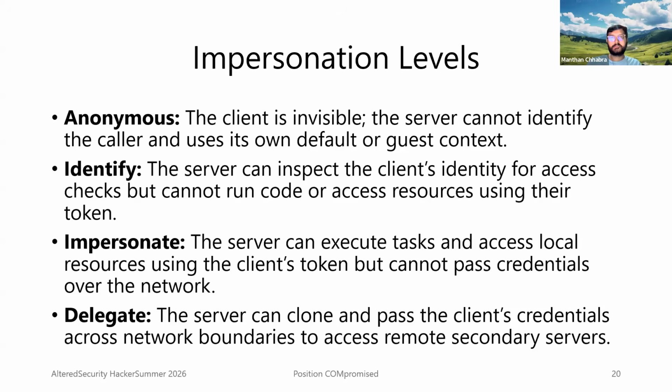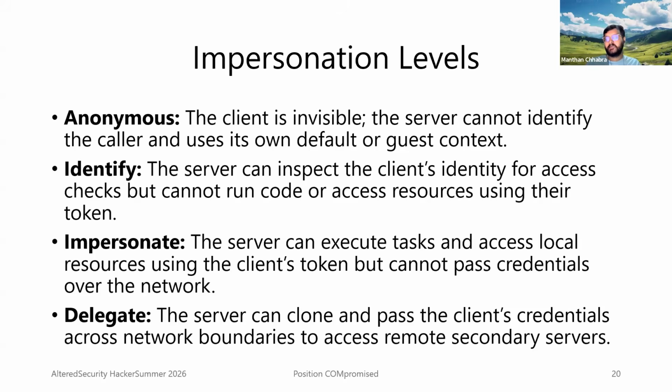So the server basically has no idea who is calling it, and so it runs the requested code using its own default context or a guest account instead. Of course, this is very secure from the client's perspective, but it limits the capabilities of the server as well.